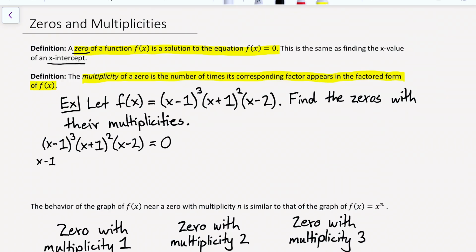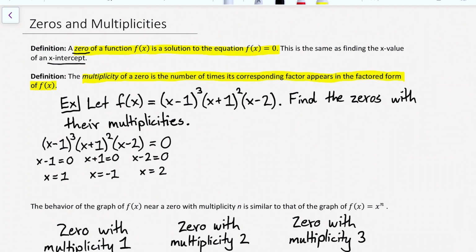And we know from the zero product property that we can take each of these factors and set each factor equal to 0 to find a solution for x. So I have a possible solution, x equals 1. I have another solution, x equals negative 1. And an additional solution, x equals 2.